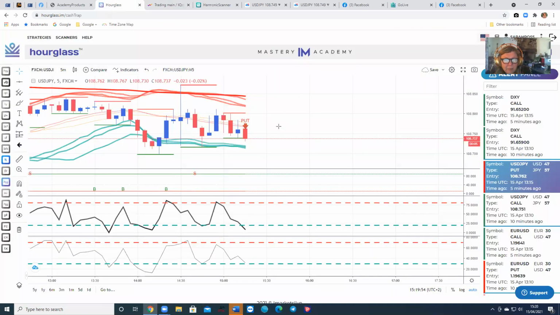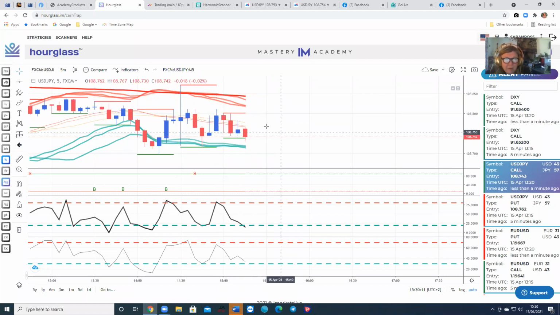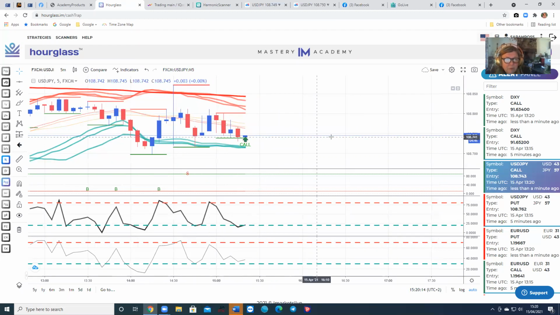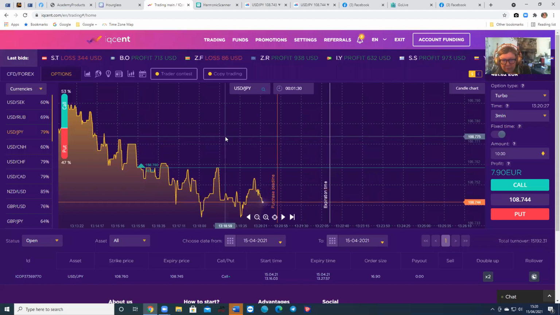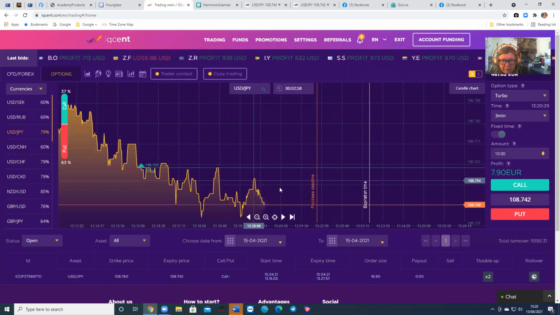It's working its way up now. That's 802, round about there. That level of support there is 772. Where's 772 on here? That's that level there. Go on, give me 772. Get up there.